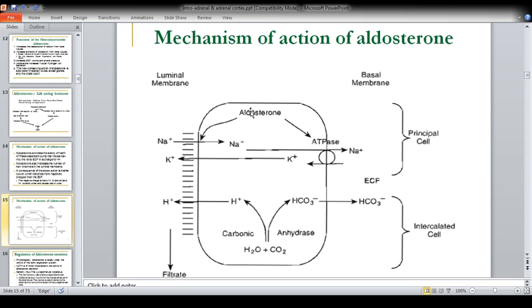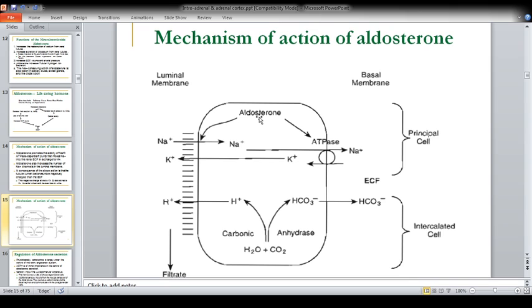So this is what is happening in the renal tubule. This is the luminal membrane. This is where the filtrate, that is the urine, is present. This is the extracellular fluid, and inside the kidney structure, the basal membrane.